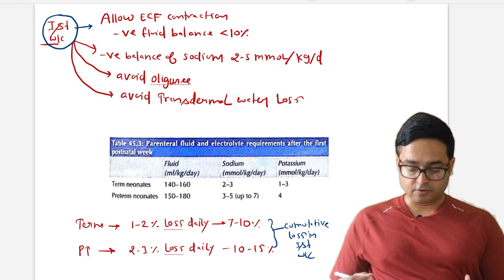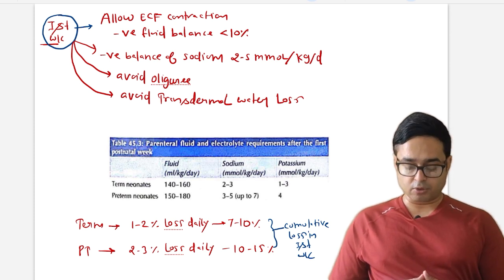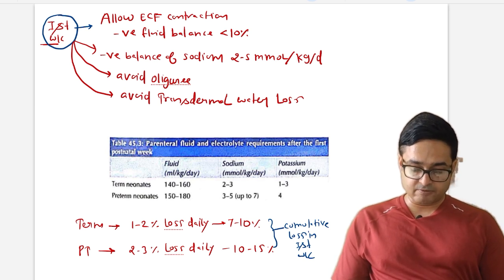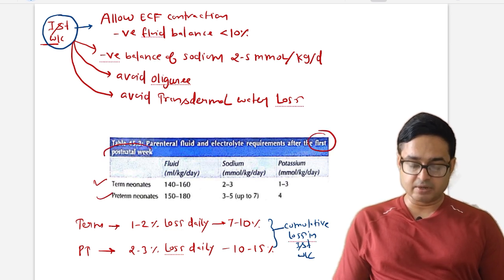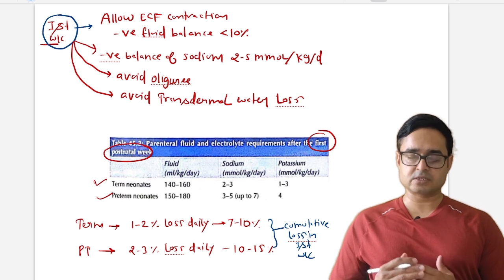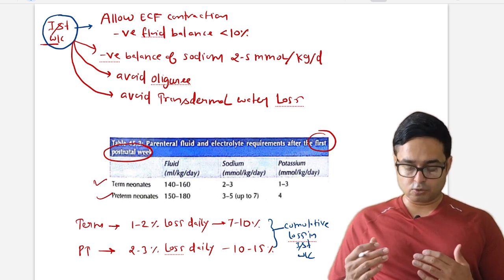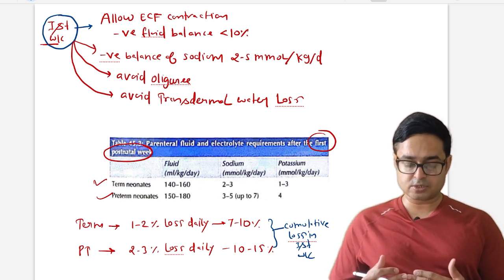Okay, so now we are going to the fluid requirement. As we are all familiar with, fluid requirement in term neonates and preterm neonates. After the first postnatal week, we will discuss that also. Just see the first postnatal week.